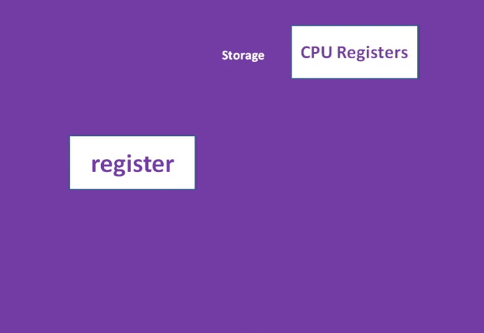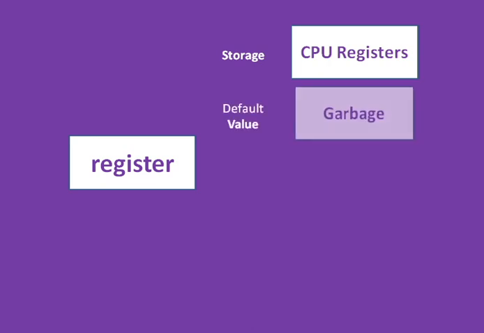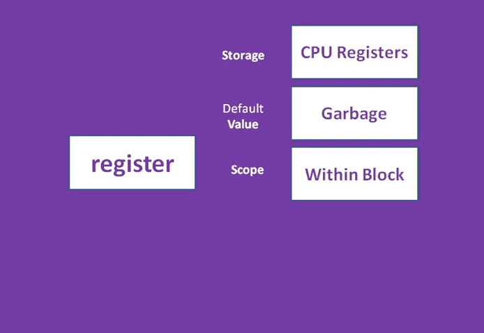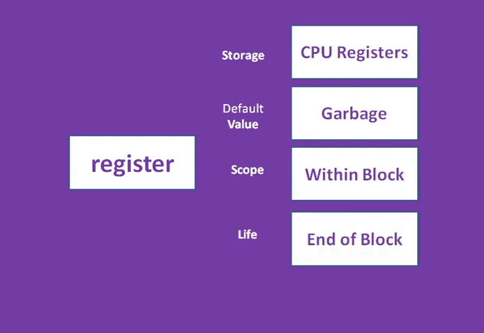It is stored directly in a CPU register, so that access from the CPU is fast. And the default value is a garbage value, the scope of the register variable is within the block, and its lifetime is the end of the block. So it has the same properties as an automatic variable except for the storage.